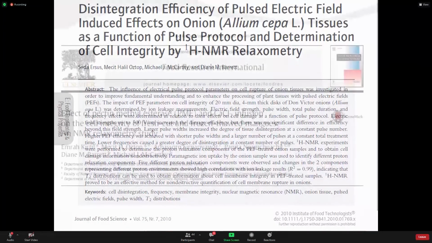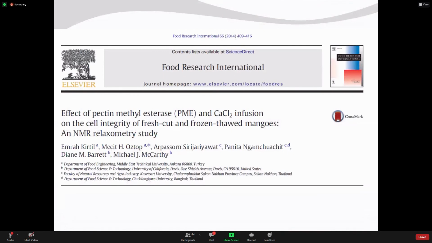We also worked on another study where we investigated freeze-thaw stability of mangoes. This was a study that we did with our Thai partners when I was in the US. Mango is a fruit which is really preferred to be used throughout the year.